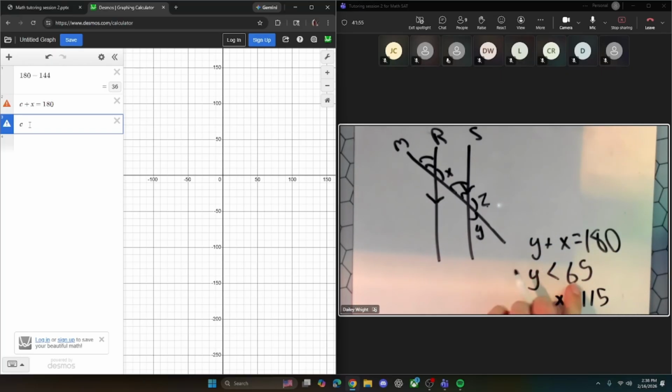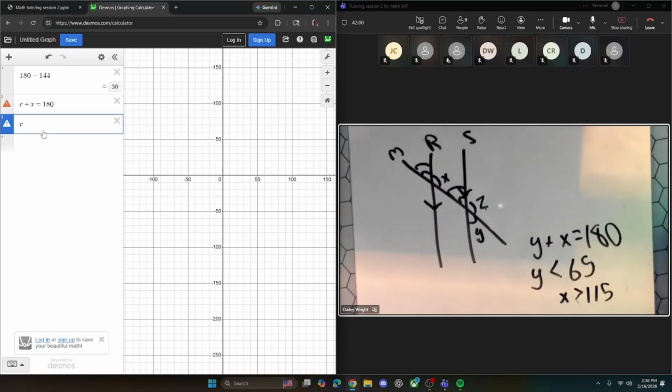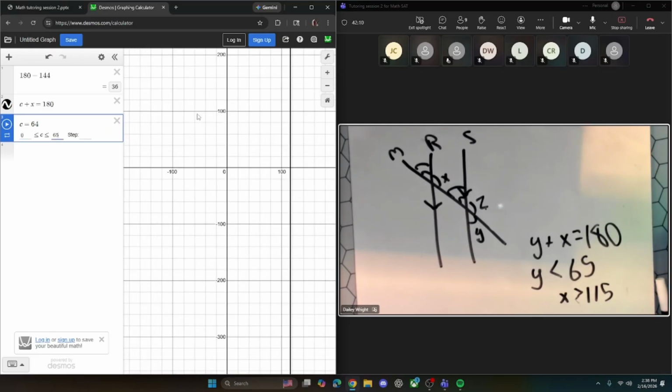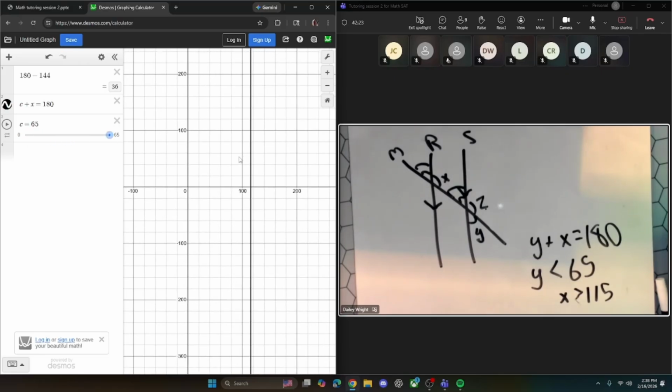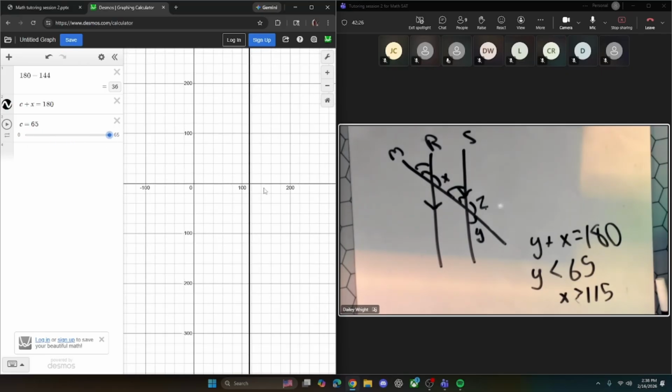Since Y has to be less than 65, X would have to be greater than this number. But let's set C equal to 64, and then we can get that slider pulled up. We know Y is less than 65. So if we keep going, we know this point is at 116. It's only going to get greater as Y goes down. So the X has to be greater than that number, 115, right there.